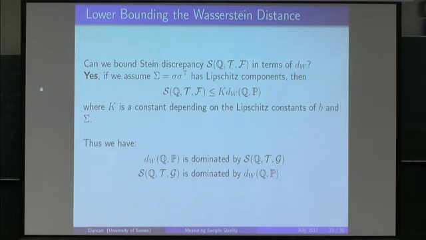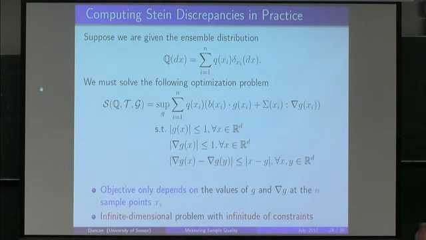And so basically, assuming all the conditions I just mentioned hold, the Wasserstein distance is dominated by the Stein discrepancy, meaning that if this goes to 0, this goes to 0, and conversely, Stein discrepancy is dominated by Wasserstein distance. So if one of them is small, the other one has to be small, basically, which is really what we want.